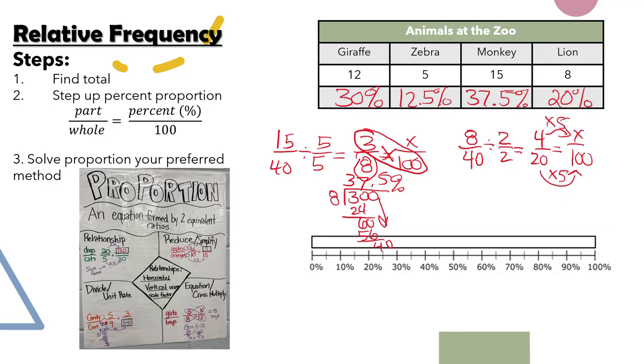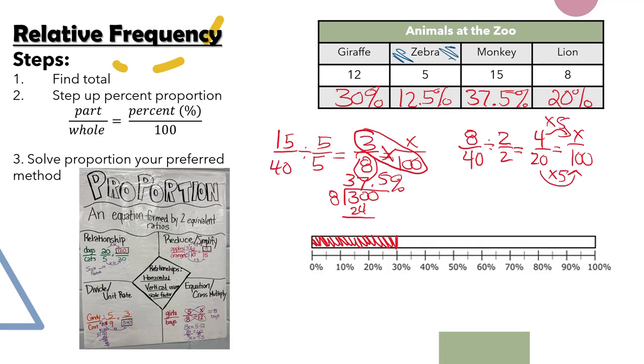Okay, now let's practice graphing it back on our percent bar. Okay, so we know that my giraffes is 30%. Our zebras, we'll make that blue.